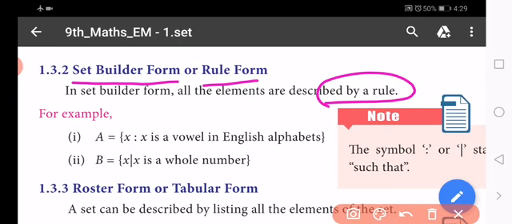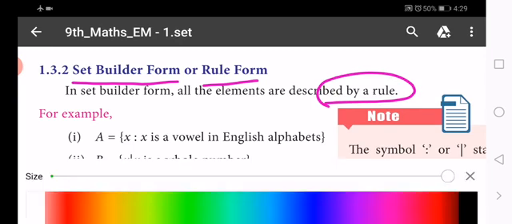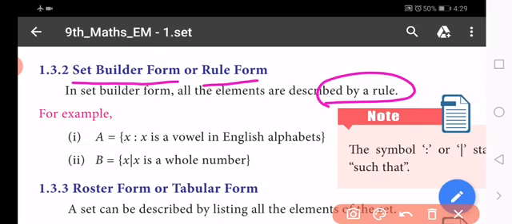In this, a rule or a formula or a statement is written within the pair of brackets, that is braces or curly brackets, so that the set is well defined.